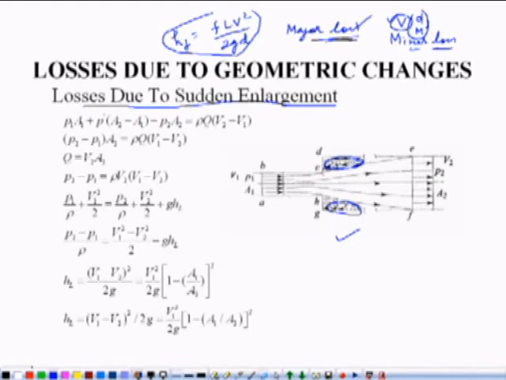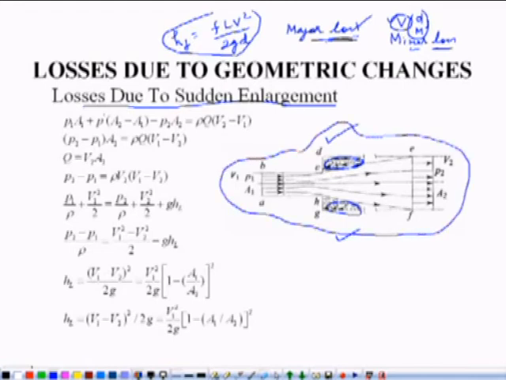Generally, this type of sudden enlargement should be avoided, but if it is not possible to avoid it, then we can derive the relationship. With the help of that, we can find out, even if we have this kind of arrangement for supplying fluid from one end to another, what kind of loss will take place due only to this sudden enlargement, right.